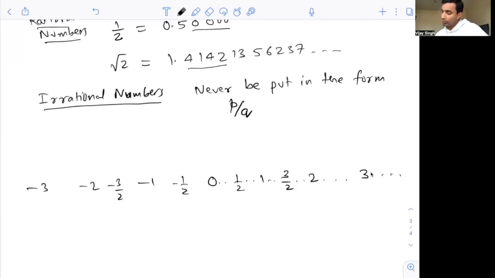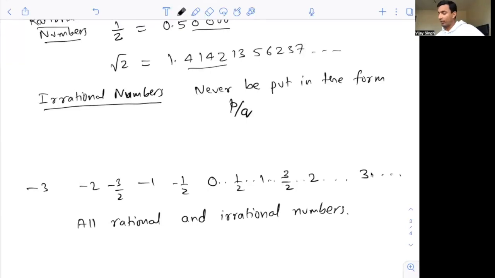And if you take all rational numbers and all irrational numbers, then no number in between any two numbers will be undefined.